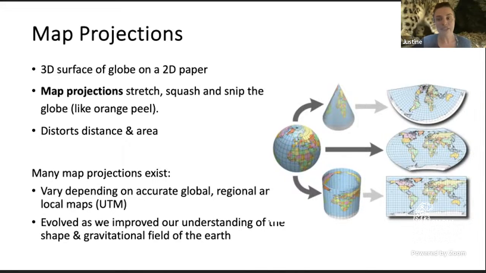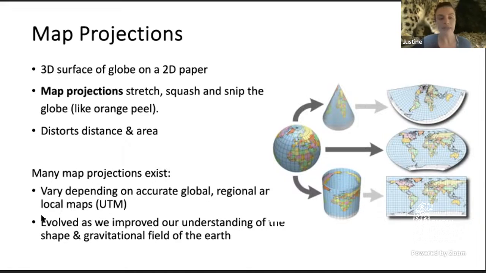Map projections are never an absolutely accurate representation of the spherical Earth, because they distort angular conformality, distance, and area, but they do try to do the best job they can for that specific area if you choose the right projection. There are many different projections that you can choose, depending on whether you're using a global map, regional map, or maybe local maps.